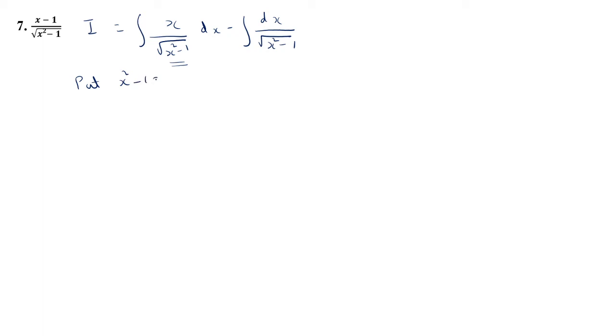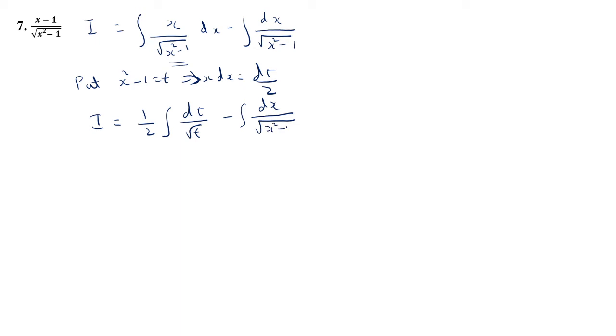So put x square minus 1 is equal to t, so that x dx will be equal to dt by 2. Therefore I is equal to half integral dt by root t minus integral dx by square root of x square minus 1.